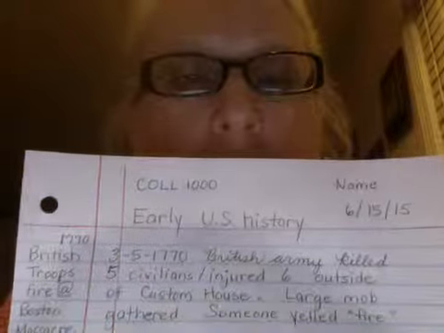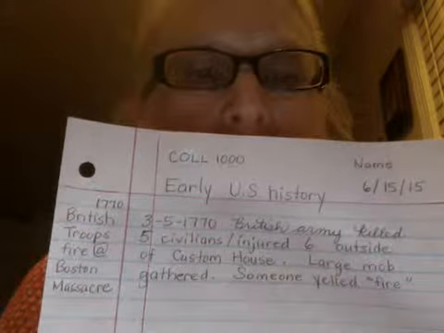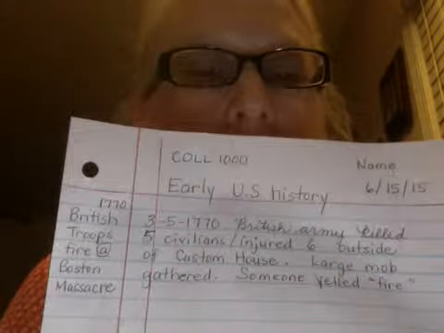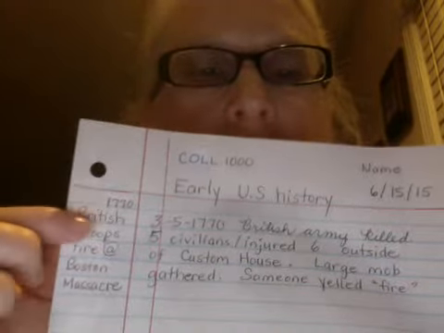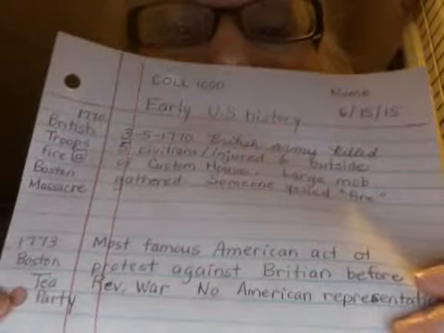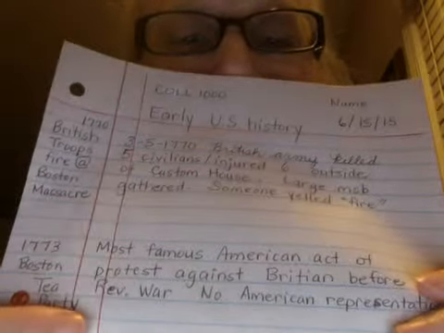Okay, here are my notes, and I started in this column, and I put down the main ideas, which, well, you can see what I put there, and then I started writing notes here about that particular event, and then I went down and did the Boston Tea Party here, and I wrote some information about it, and that's as far as I've gotten so far.